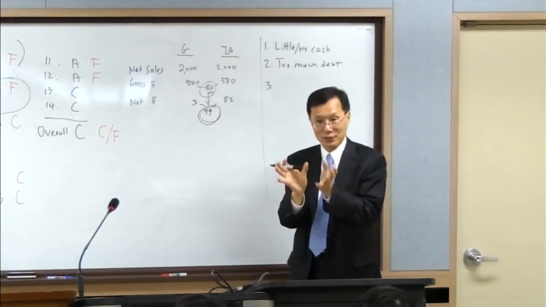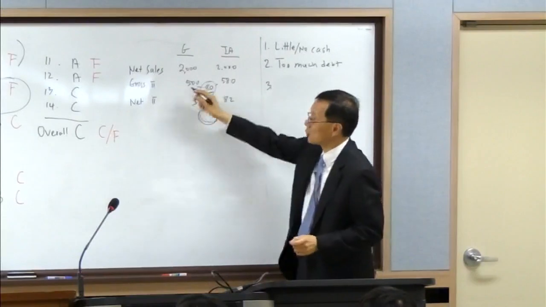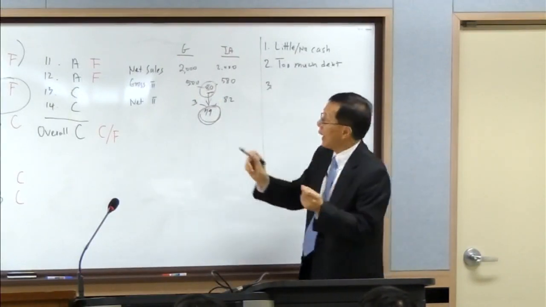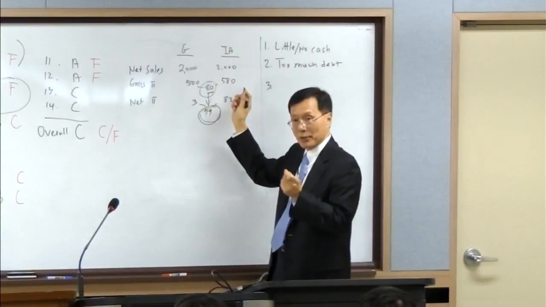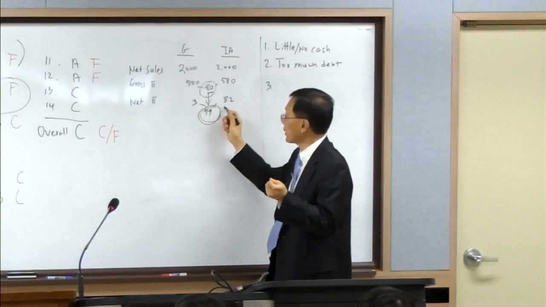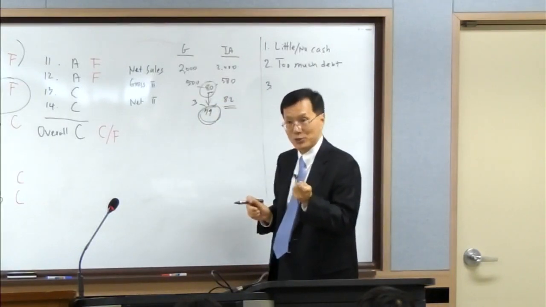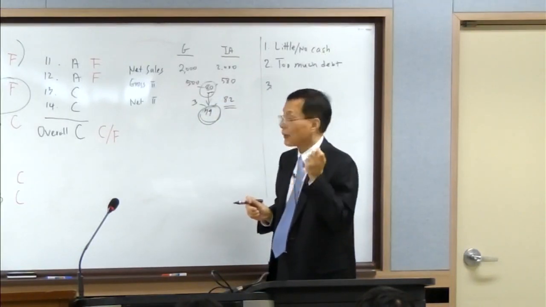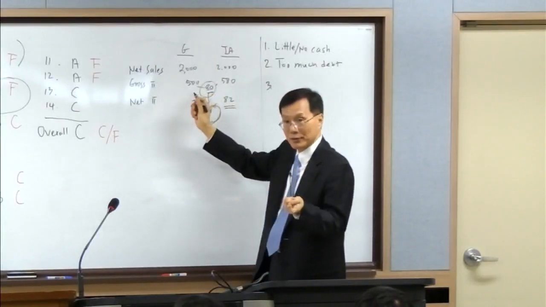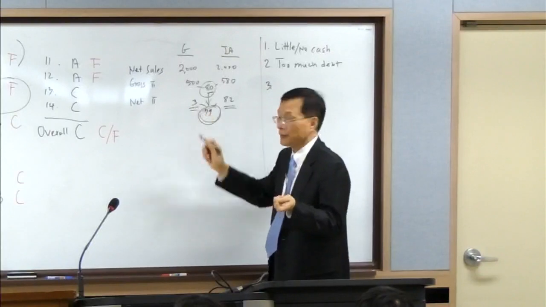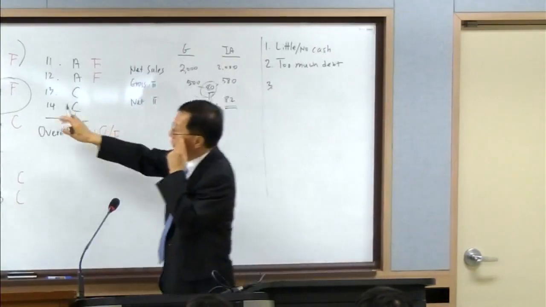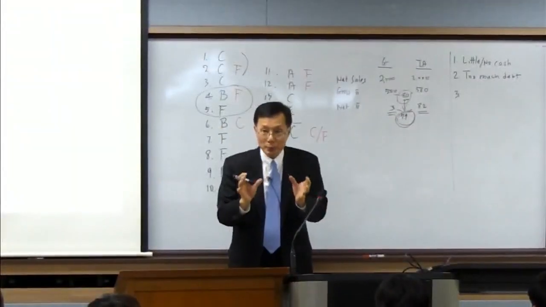It's a significant difference. So gross profit. If the company had been as profitable as the industry competitor, it could have earned 580, and it could have generated $82,000 of net profit. But the company's gross profit was only 500. Therefore, its net profit is only 3. So gross profit is the problem.